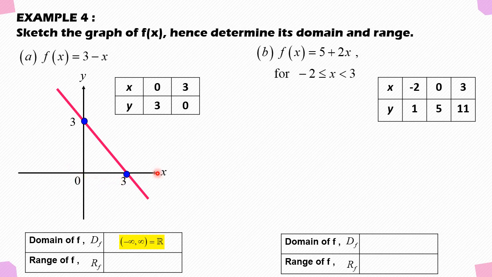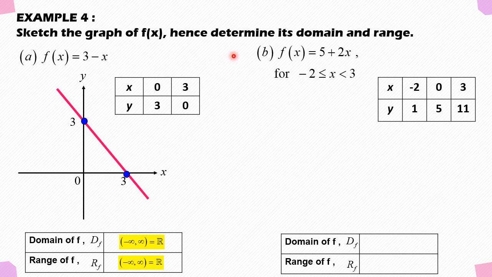The answer for the domain is from negative infinity to infinity, or you can write it as R for real numbers. And the range of f is also the real numbers when we read from the y-axis, negative infinity to infinity.